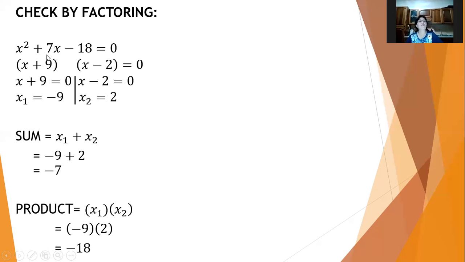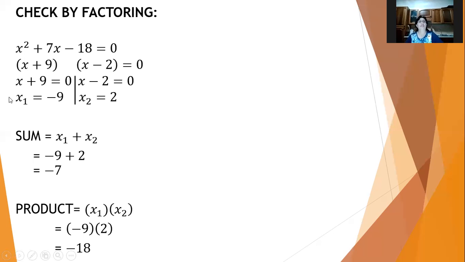Since the middle term is positive 7x, negative 2 is negative, and 9 is positive. Let us check. 9 times x is 9x. X times negative 2 is negative 2x. 9x minus 2x is 7x.